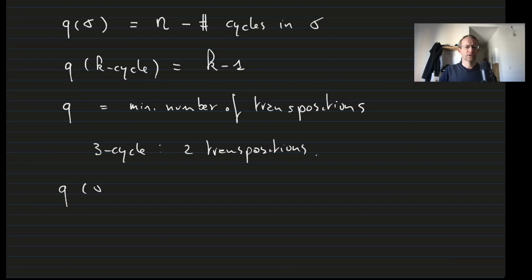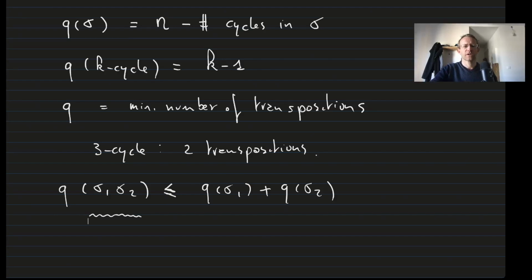In other words, the degree of the product of 2 permutations is smaller or equal than the sum of the degrees of the separate permutations, because this will be made of a number of transpositions which is smaller or equal than the number of transpositions that make up sigma 1 and sigma 2.